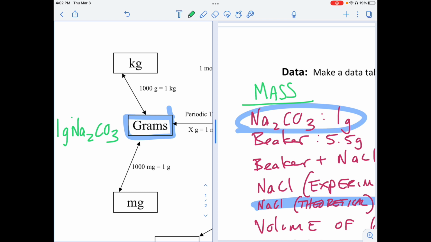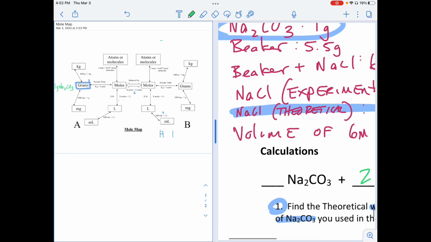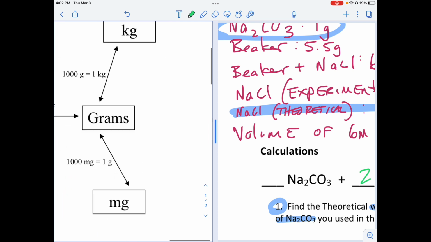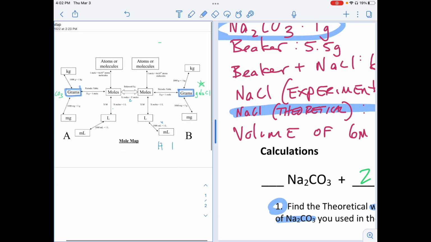And I want to know how much NaCl I should make in grams. So I'm going to go to the other side because I'm looking at a new substance. This is grams of NaCl. This is what I'm looking for. Okay, so now I have my path. I'm going to go grams to moles to grams.